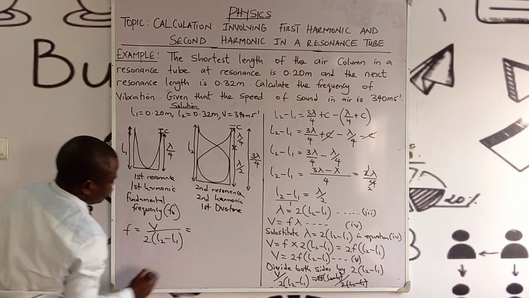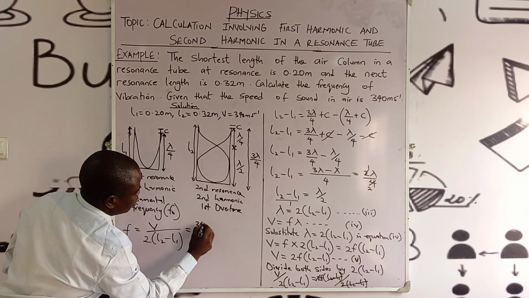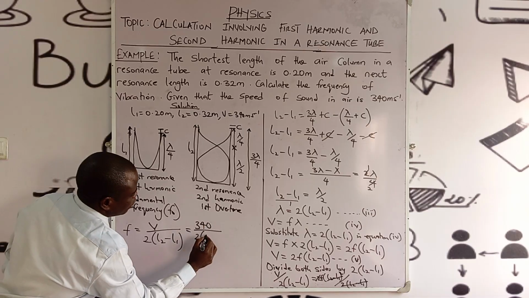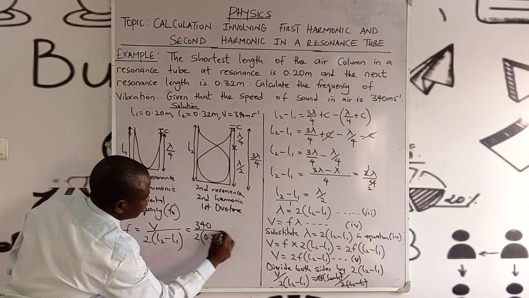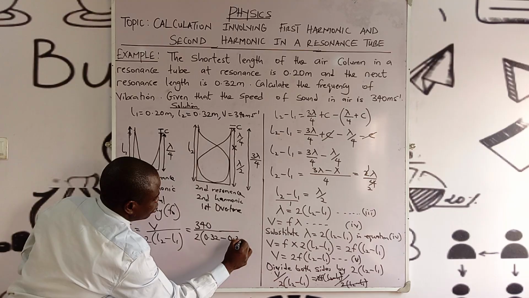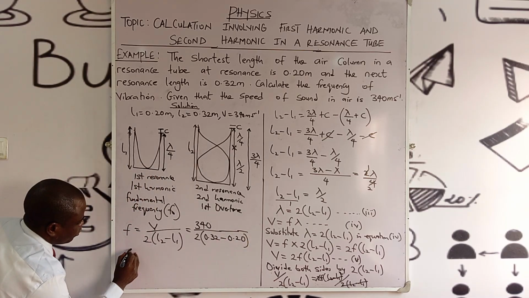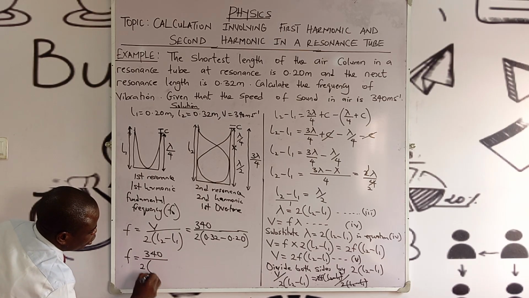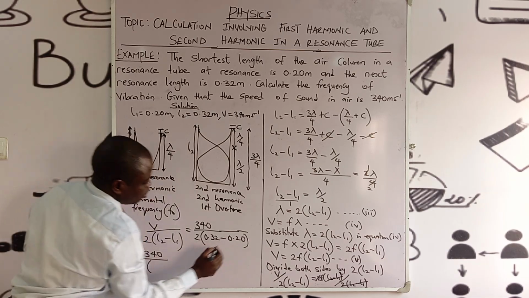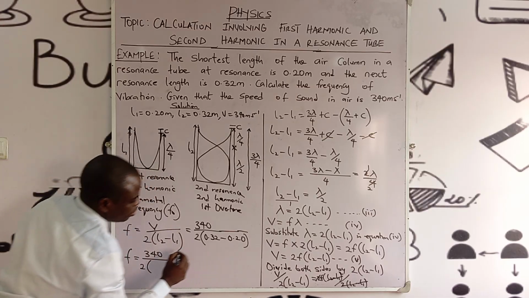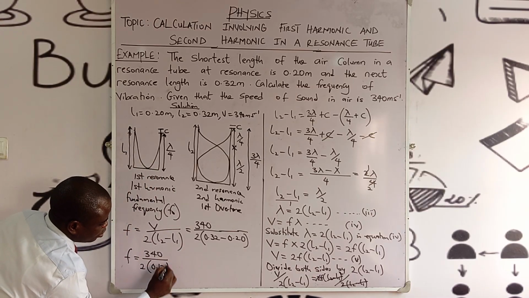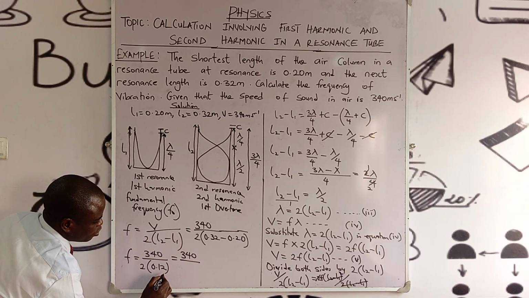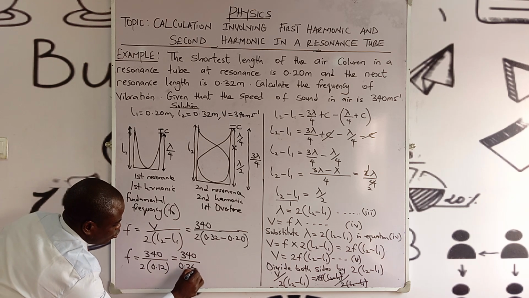Now, let's substitute our values. Our V is 340 divided by 2 into, what's our L2? 0.32 minus L1, 0.20. Now your frequency equals 340 divided by 2 into 0.32 minus 0.20, that means 0.12, equals 340 divided by 2 times 0.12, that's 0.24.